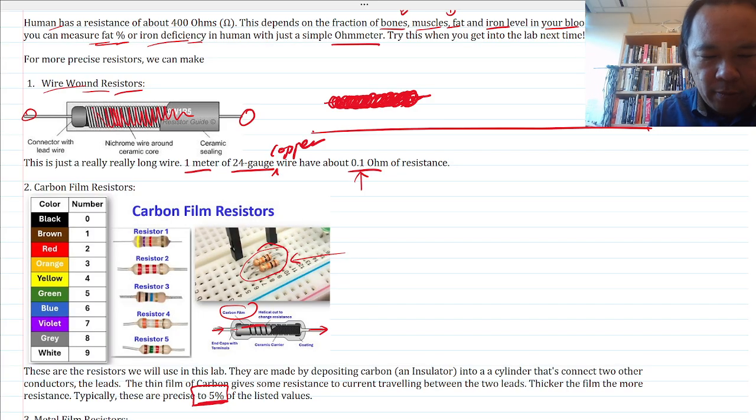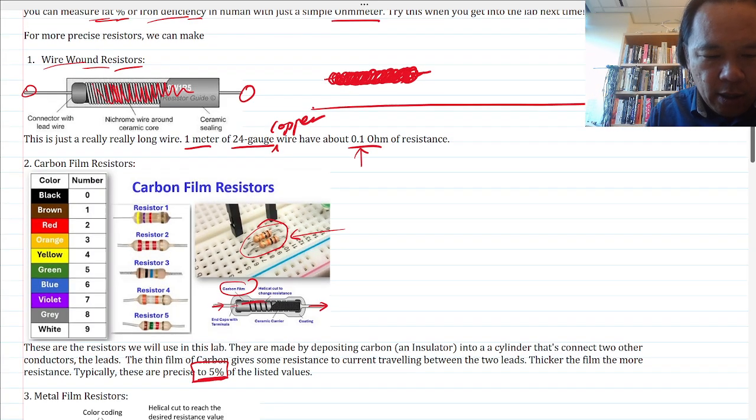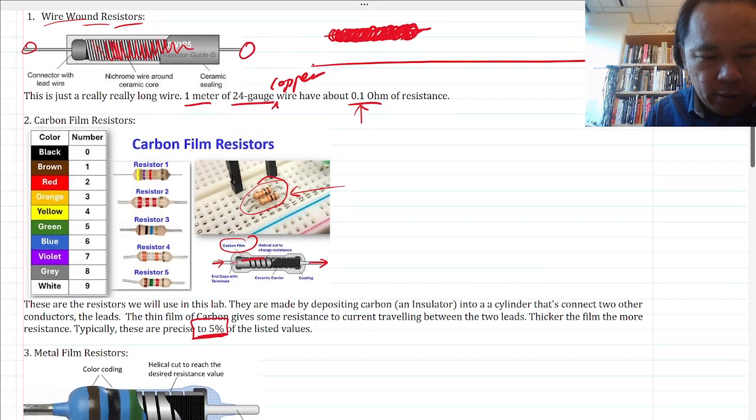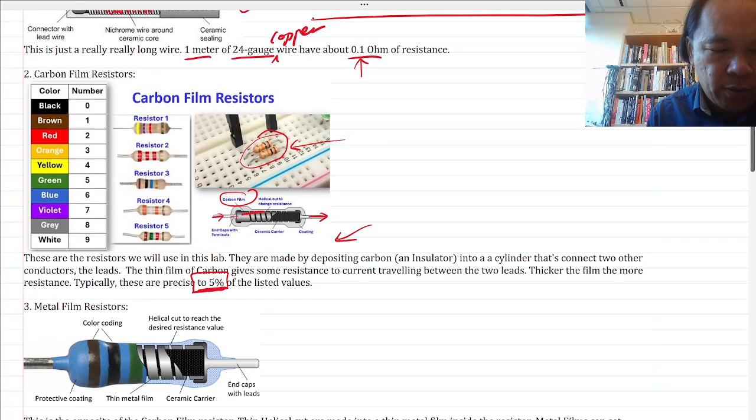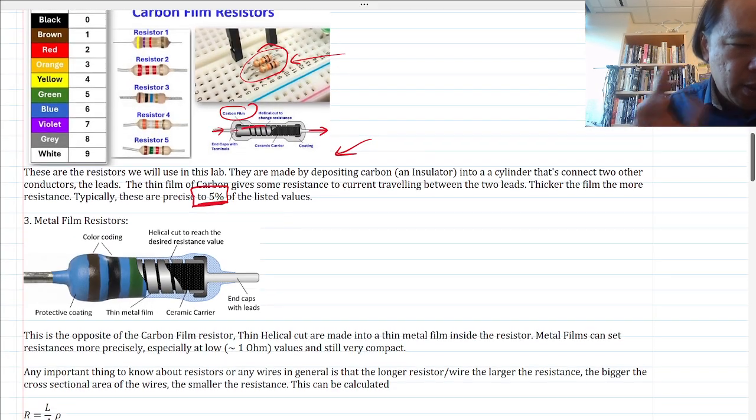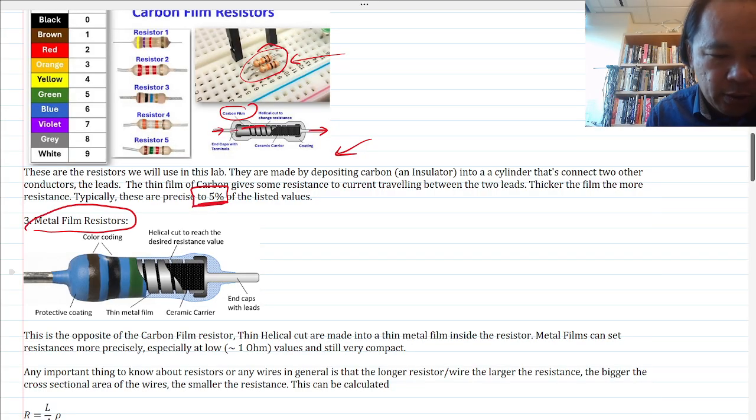So they try to make these as precise as possible, but you should not trust this type of resistor at anything less than a 5% level, which is what we're going to be using in the lab. There are also the opposite of carbon film resistors, which are metal film resistors instead.